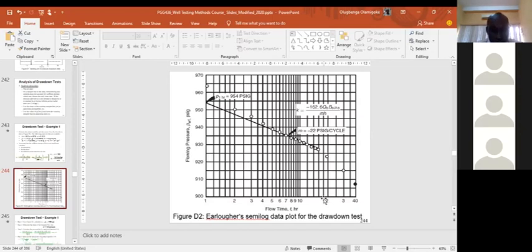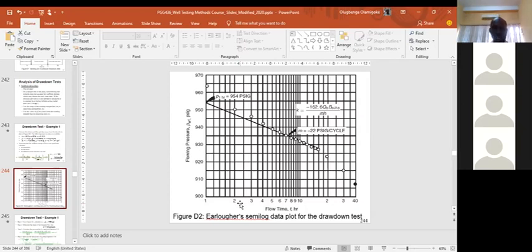This is my own slide 244, and this is the drawdown plot. For the person who was asking me, know that this is a semi-log plot. On the semi-log plot, you should have a straight line for transient flow, what I actually call infinite acting radial flow.